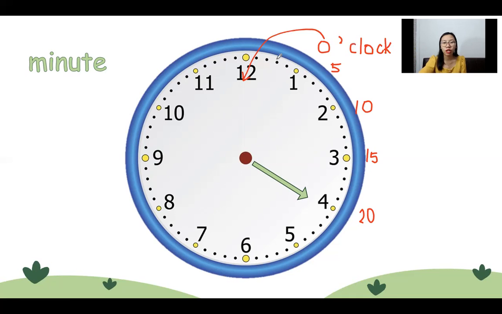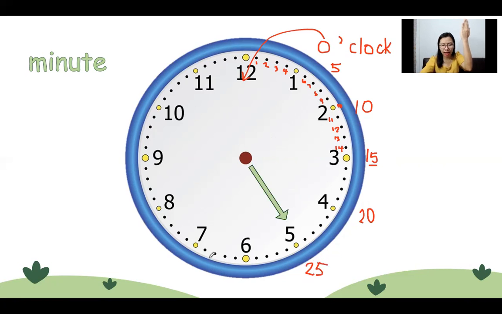All right, so you can just count. 1, 2, 3, 4, 5, 6, 7, 8, 9, 10, 11, 12, 13, 14, 15. Okay? 15.